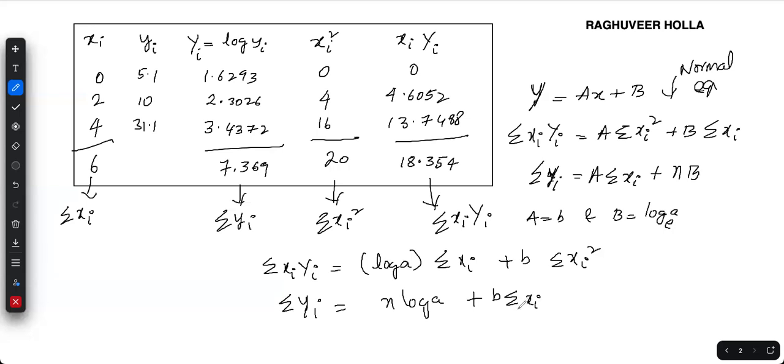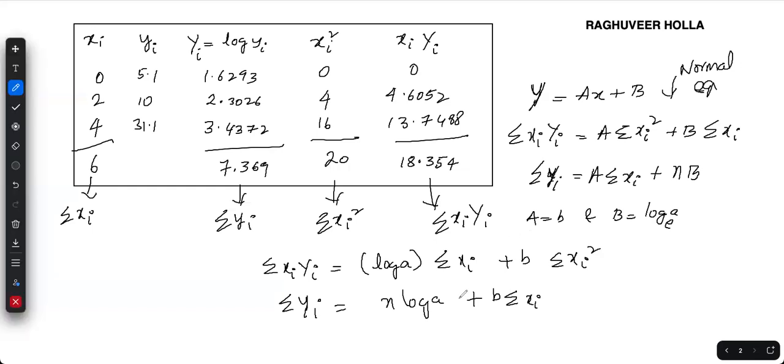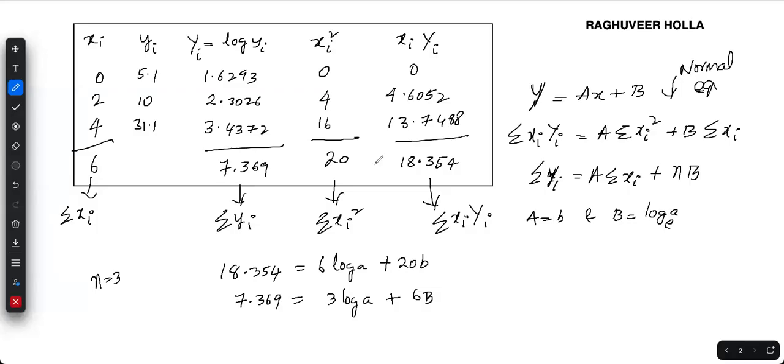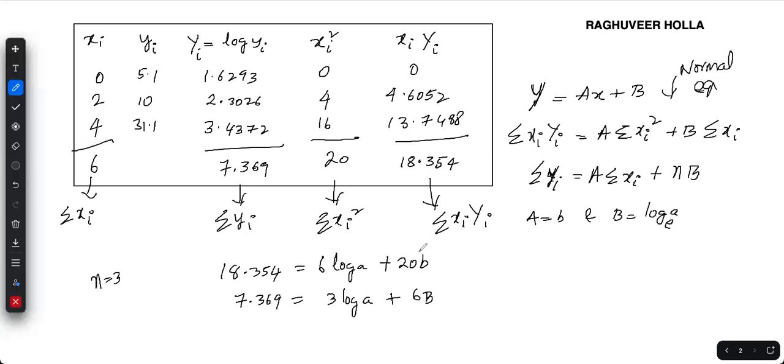Substituting this, as we have substituted n as 3, we got these two equations.